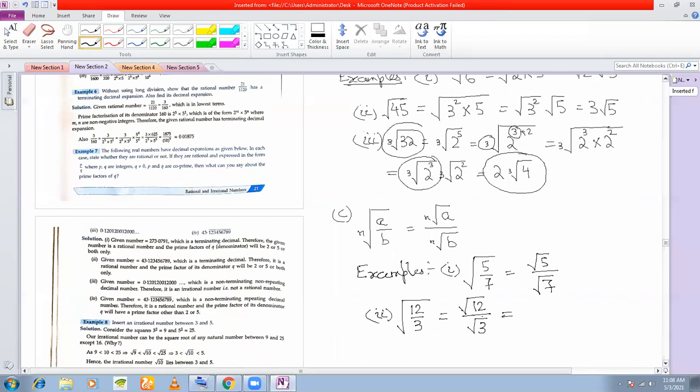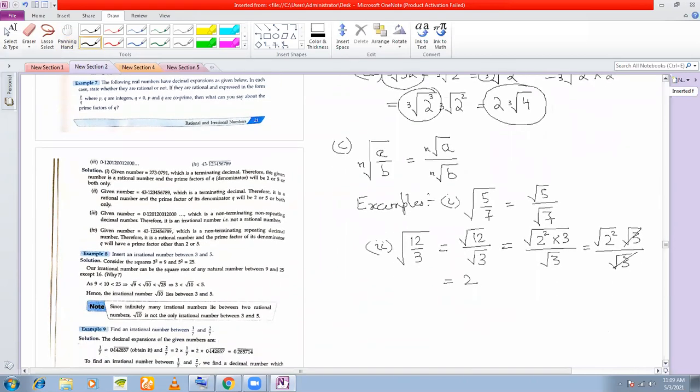Now what you can do is prime factorize 12 as 2 square into 3, divided by root 3. Now you can write this as root 2 square into root 3 divided by root 3. So now root 3 and root 3 will cancel. You simply get root over 2 square, which is equal to 2.